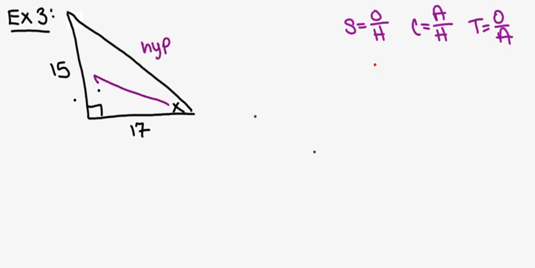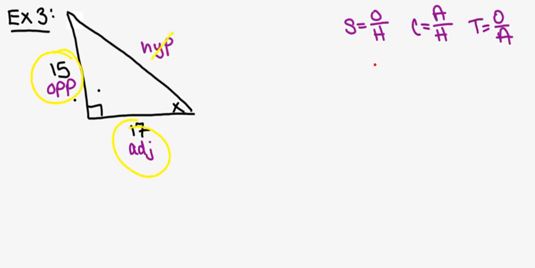My opposite is going to be across from angle x, so in this case my opposite is going to be the 15, making 17 my adjacent. So if I take a look at what I've got here, I've got the opposite and the adjacent. I need to use the trig ratio that deals with opposite and adjacent. Therefore, this is a tangent problem.